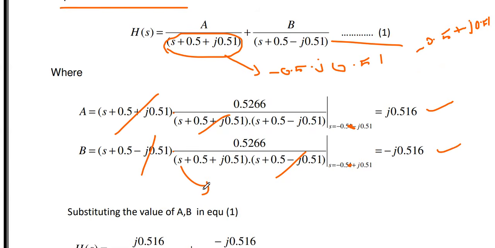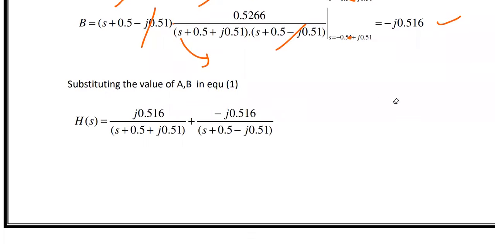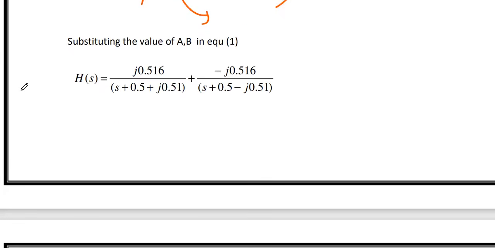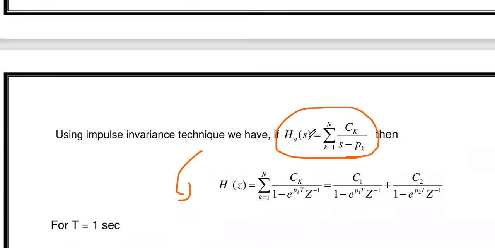Then we substitute these A and B values in partial fraction equation number 1, so we can write H(s) as A divided by the first factor plus B divided by the second. Now this equation is in the format of our impulse invariant form, H(s) equal to the summation of Ck by (s minus pk).